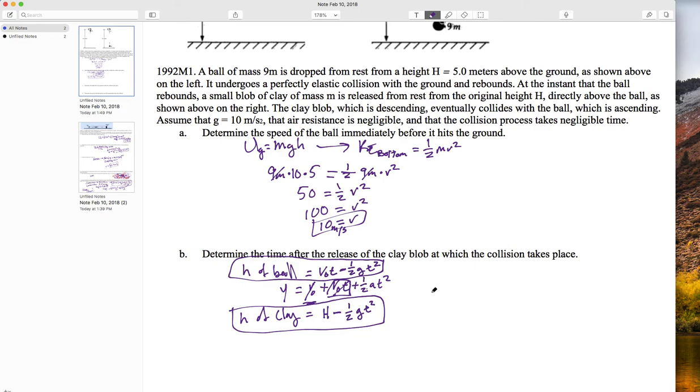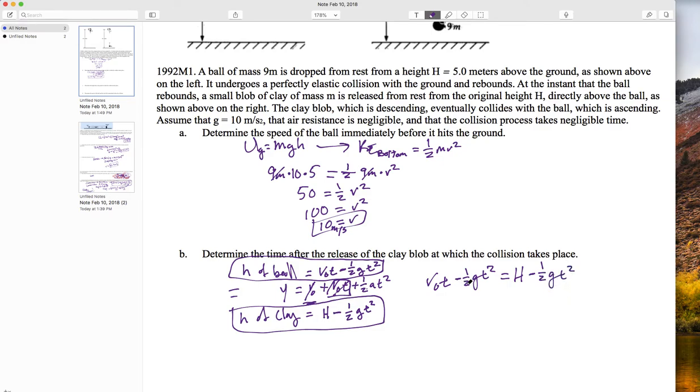We can say that they're equal. We know that the heights, the locations, have to be the same. So the height of the ball equals the height of the clay. So we get v0t minus 1/2 gt squared is equal to the height minus 1/2 gt squared.